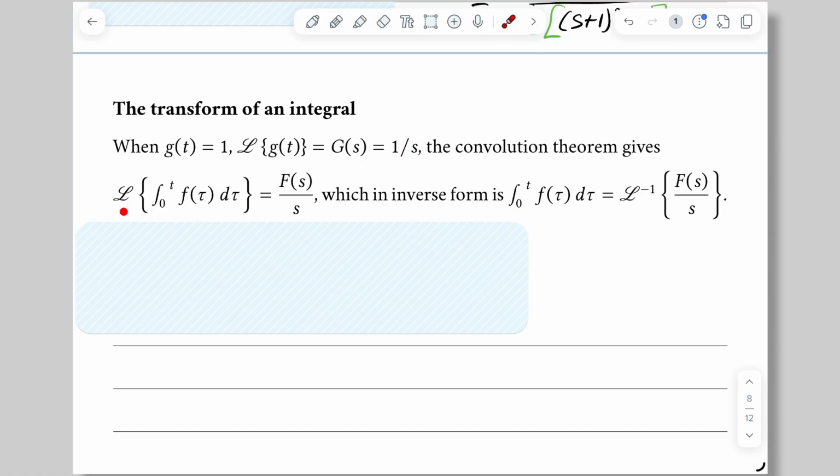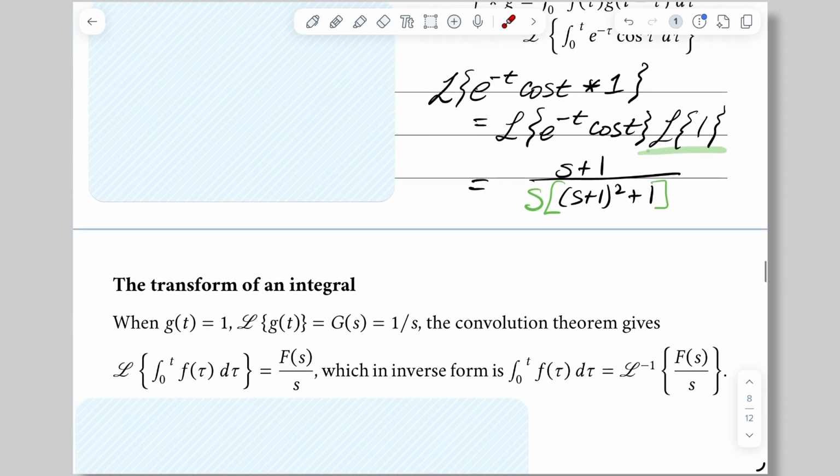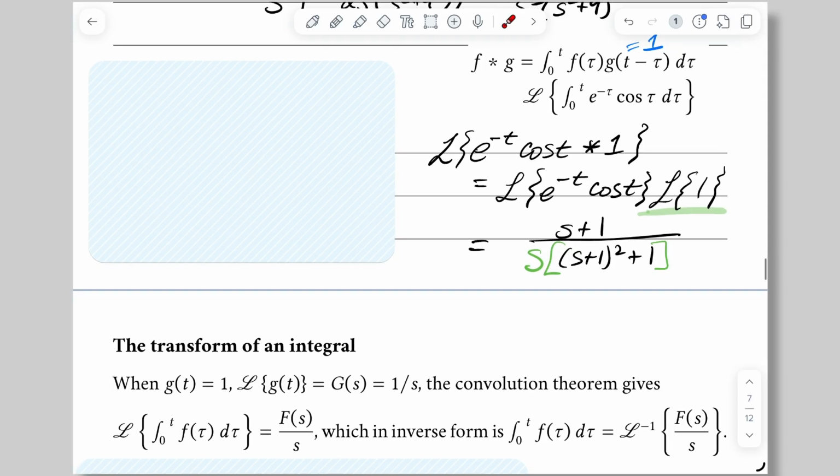So the Laplace transform of the integral of f of tau d tau, tau going from 0 to t, is F of s over s, where, just as we saw in the previous one, the s in the denominator is coming from envisioning that we had a convolution, one of the functions involved of which is 1. So that one gave us this s in the denominator down here. Envisioning a 1 here is giving us an s in the denominator here. And then we are transforming f of tau.